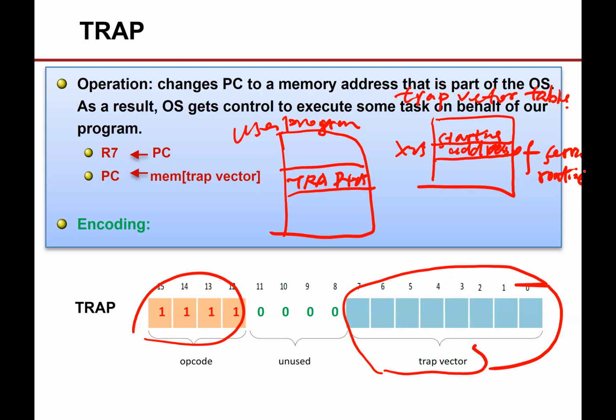So first it goes to the table to look up and find the starting address. The starting address is then sent to the PC. Then the program gives up its control and turns over to the operating system. So the operating system will run this service routine.